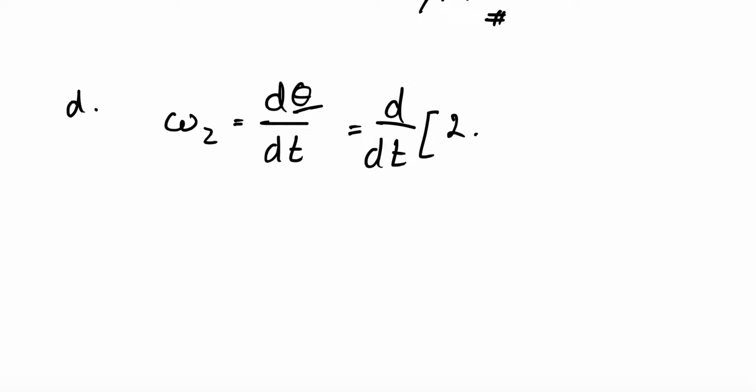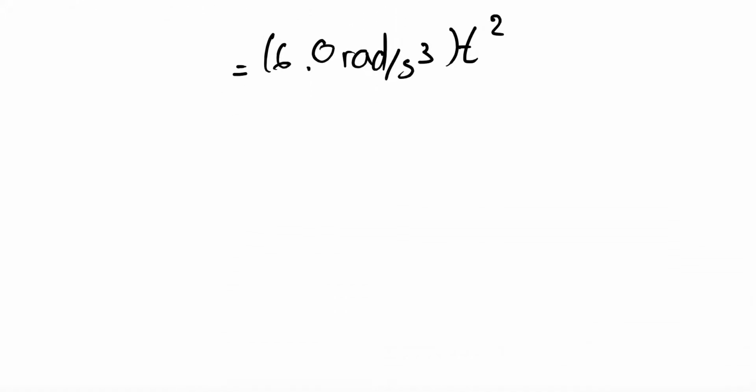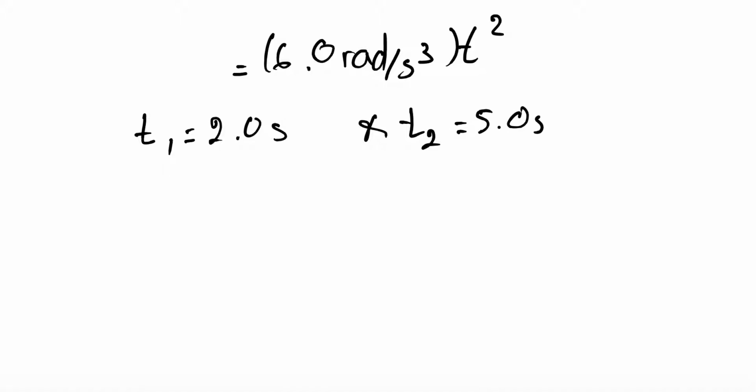Theta is 2 rad per second cube multiplied by t cube. So we do the normal differentiation. My derivative is equal to 6 radian per second cube multiplied by t square.